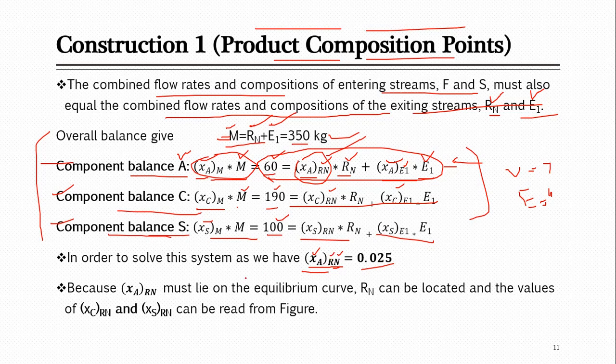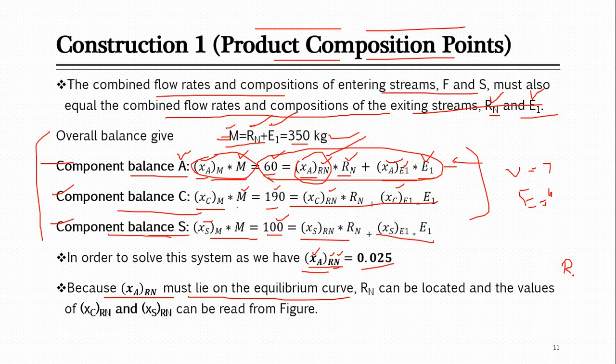But let's look at this: this xARN must lie on the equilibrium curve. If you are looking for R, the raffinate, on the binodal curve, recall for a minute the example you solved in the last lecture.